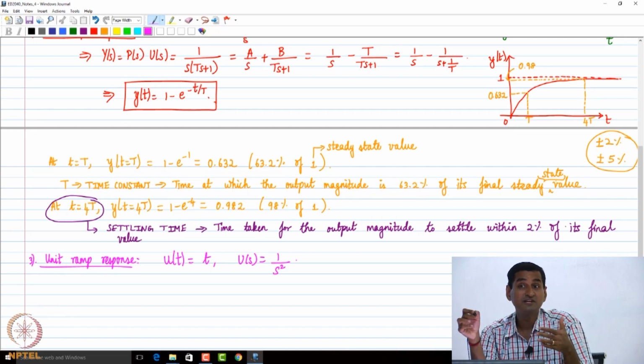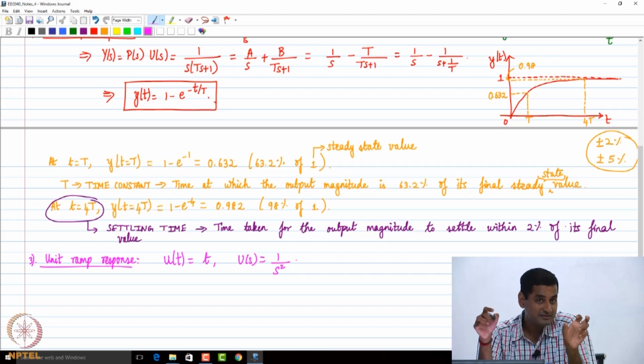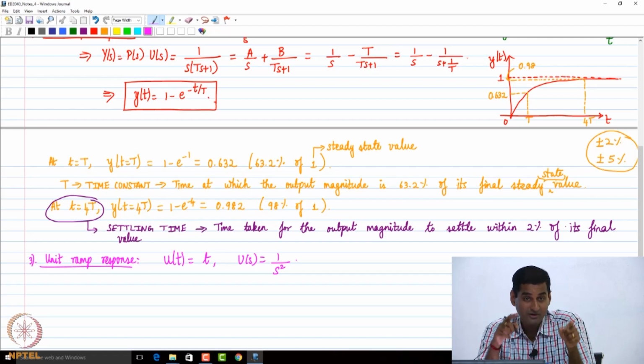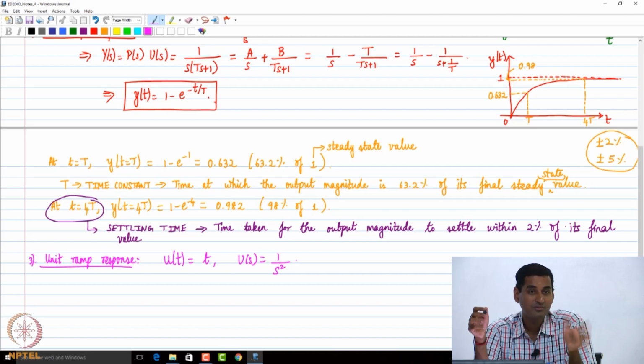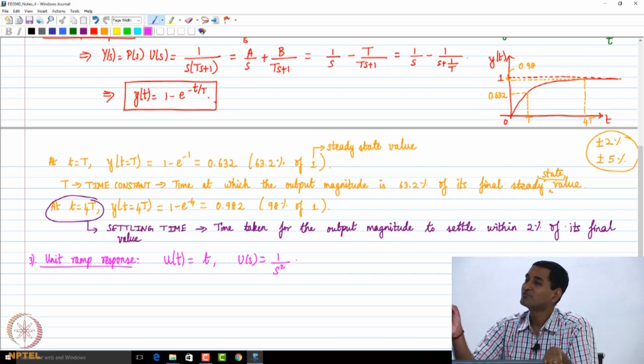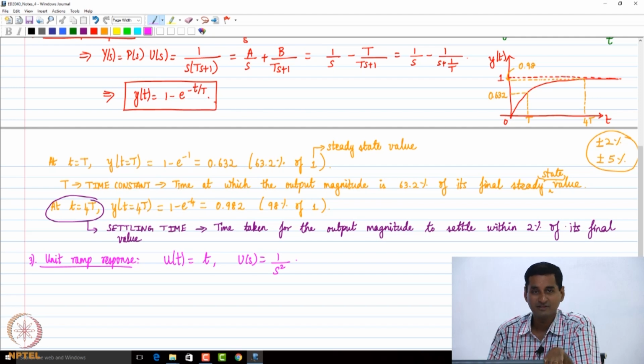Many times I will use English words, and you need to interpret from those terms what I am asking for. For example, if I say design a unity negative feedback, you should already know what that means. If I ask you to calculate the unit step response, you should know what U of t is. I won't say calculate Y of t when U of t is 1. I may ask in practical terms, so please remember these terms and their meanings.